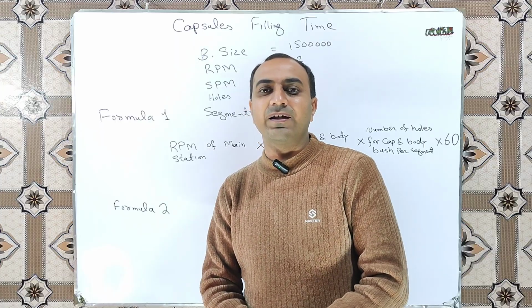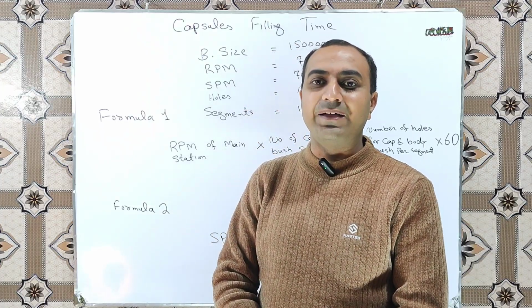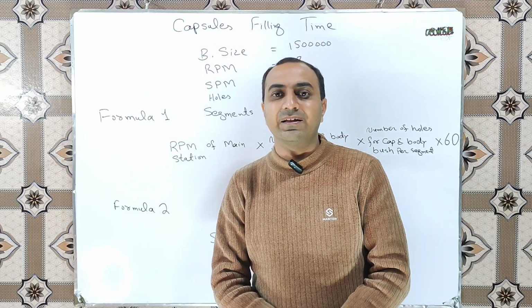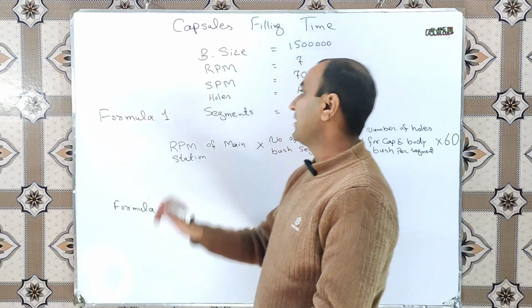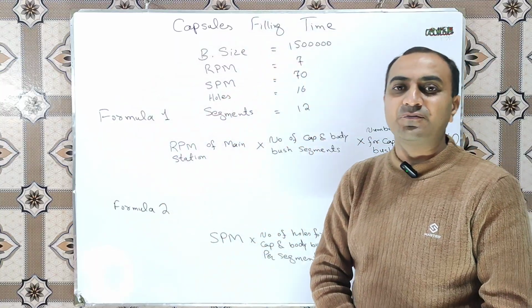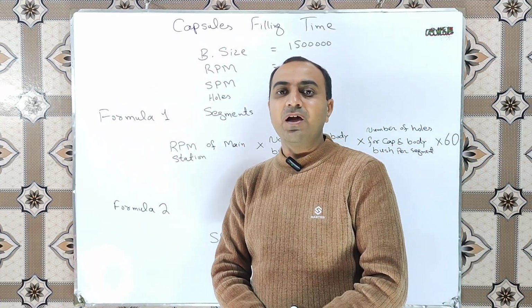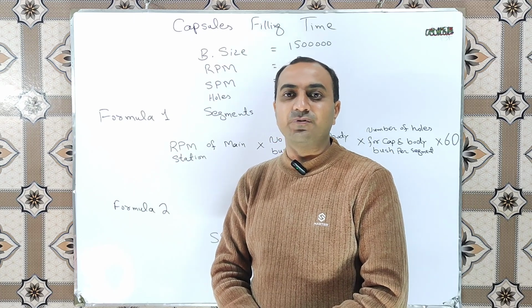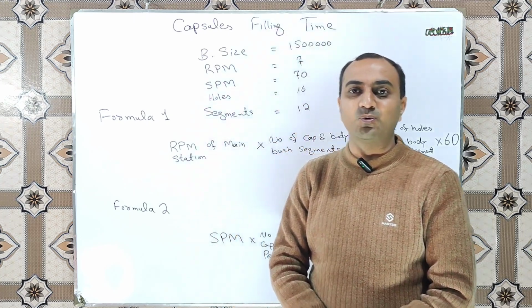Suppose that we want to fill a batch of capsules and the number of capsules in this batch is 1.5 million, meaning we want to fill 15 lakh capsules.